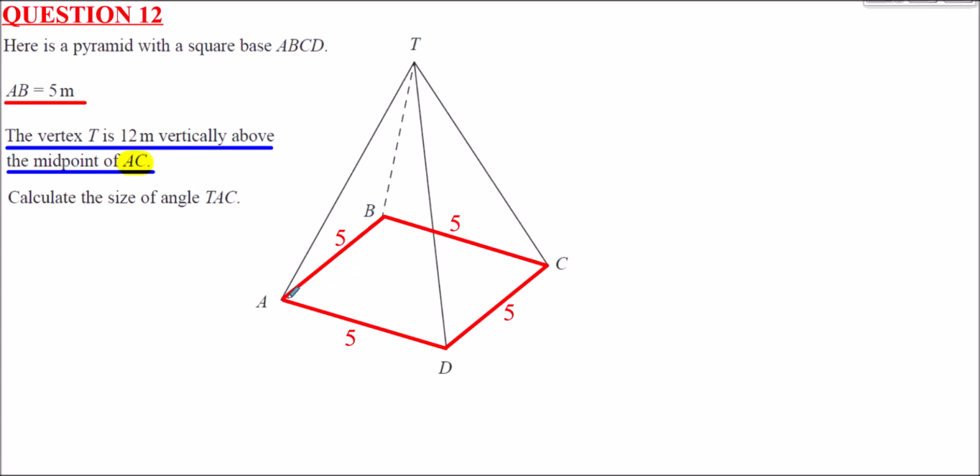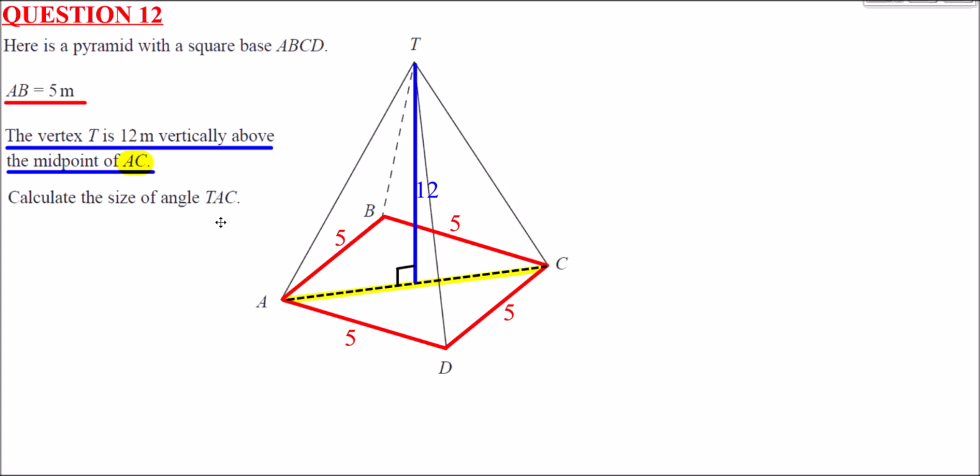Well, AC is the line from A to C. So let's just draw that in first of all. There it goes. And T, from T to this midpoint, is 12 meters high. It's 12 meters vertically above it. So let's add in a line in blue, denoting that T is 12 meters higher than this midpoint from A to C. So next, we need to calculate the size of angle TAC.